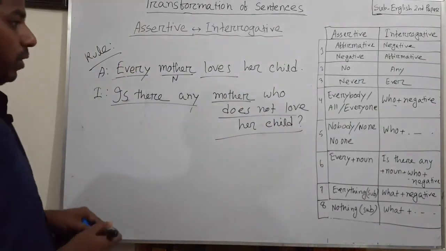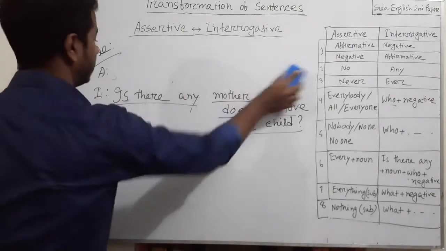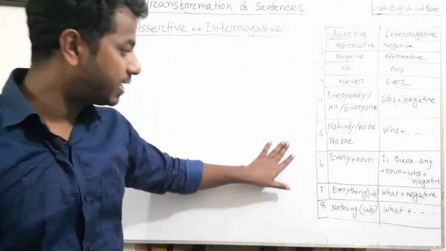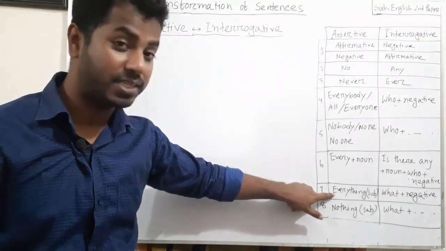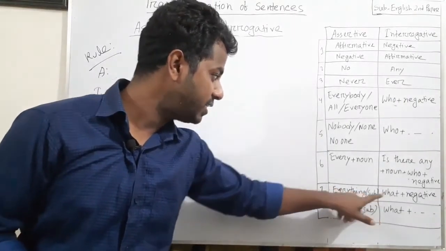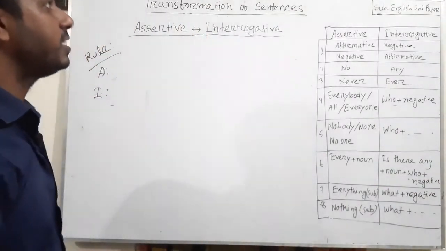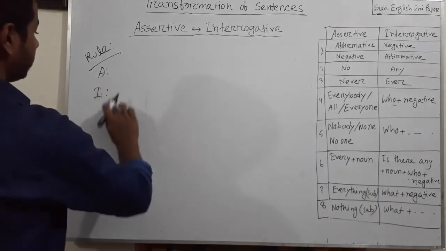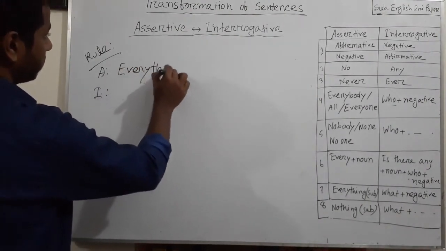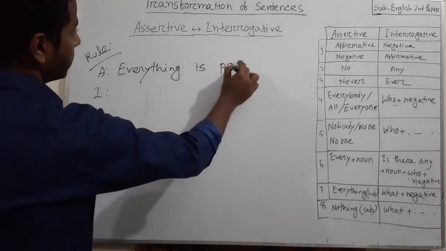Okay, so rule 7: if in an assertive sentence there is everything as subject, then in the interrogative sentence we have to write what instead of everything, and the sentence will be in negative form in the interrogative sentence. For example, everything is possible.